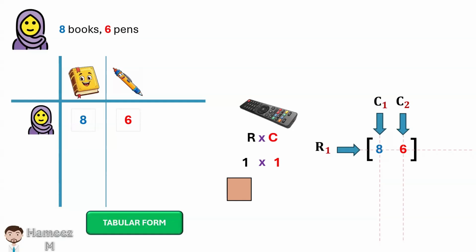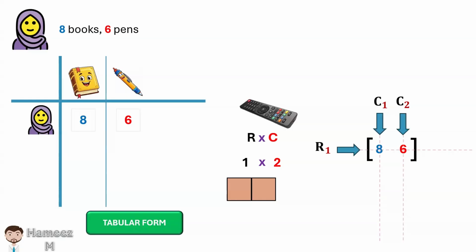And in row 1, column 2, the 6 indicates she needs 6 pens. And of course, if we are doing it like a diagram, then it would look like one square followed by another to the right of it. So we're actually forming some sort of rectangle. So the rows by columns would not be 1 by 1 anymore. It'll be one row by 2 columns.